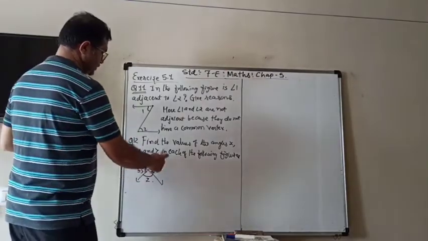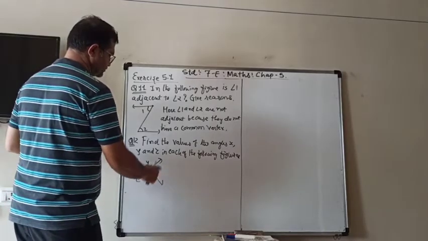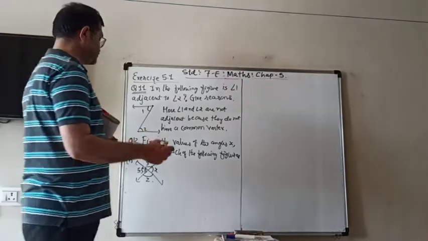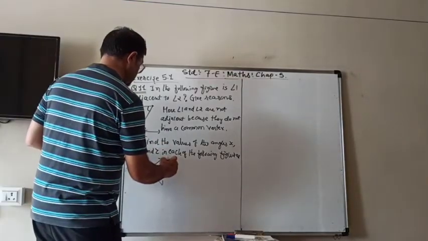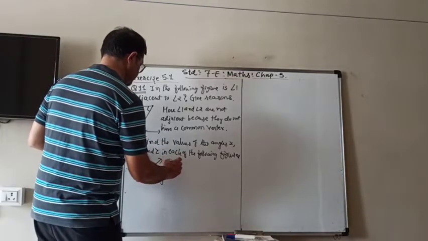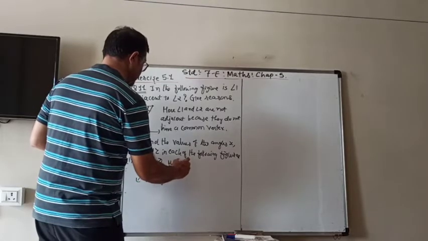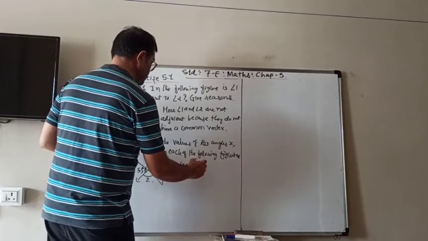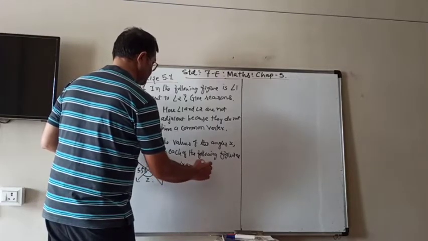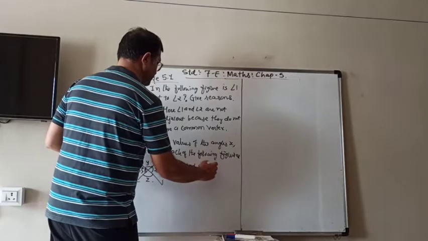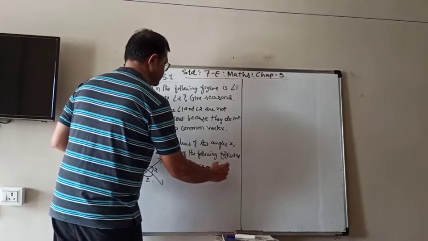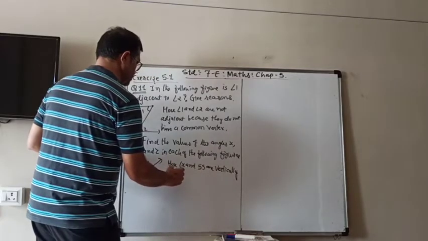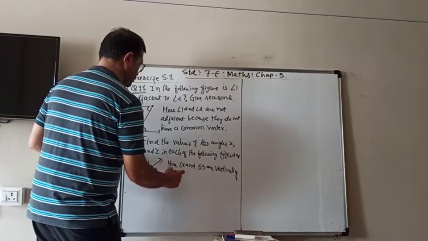We know that X and 55 are vertically opposite angles, therefore X is equal to 55. So here angle X and 55 are vertically opposite angles.